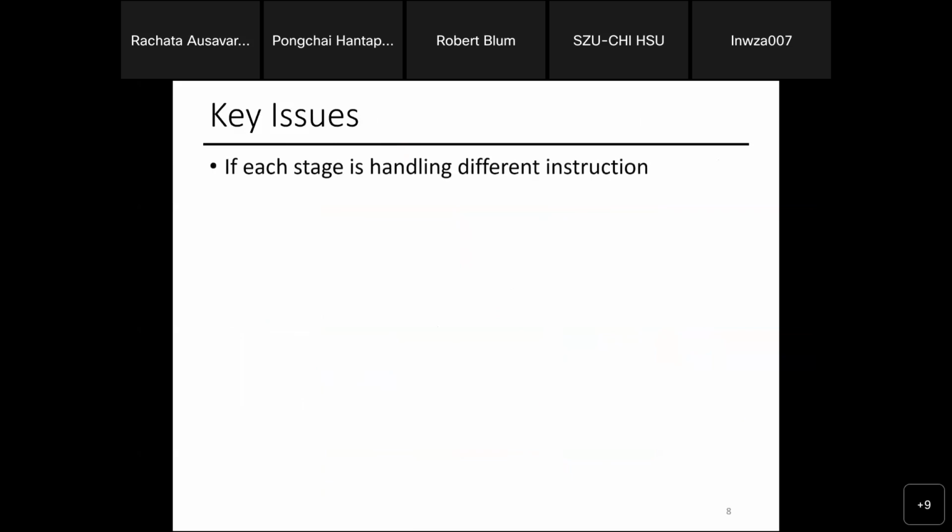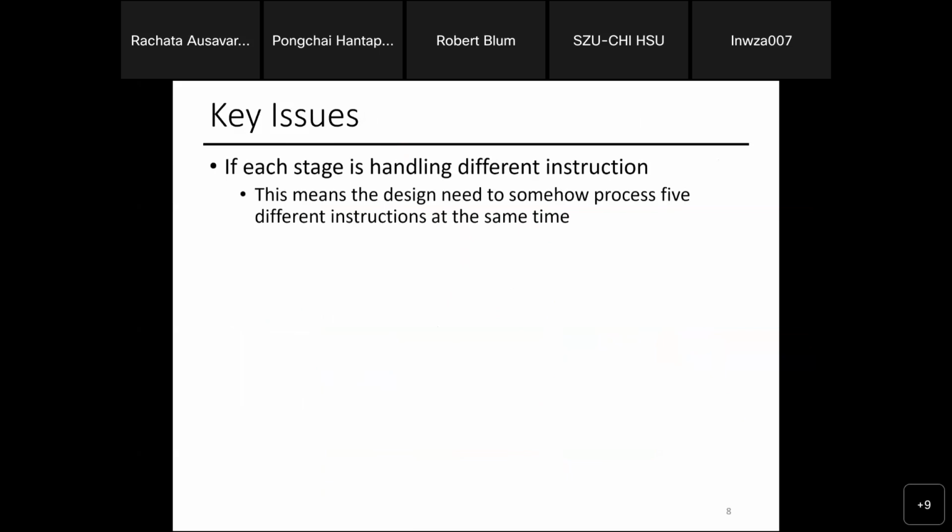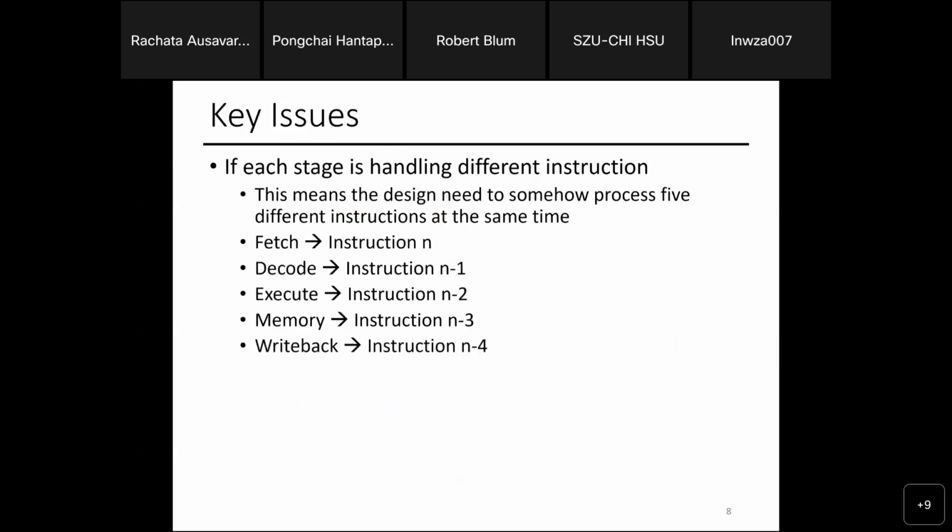All right, so here's the key issue. Each stage is handling different instructions. This means that the design needs to somehow, magically, process 5 different instructions using the same hardware. Fetch is instruction n, decode is instruction n minus 1, execute n minus 2, memory is n minus 3, write back is n minus 4.